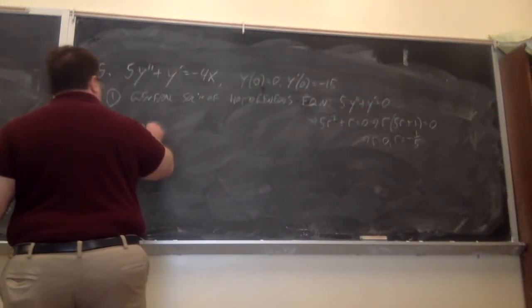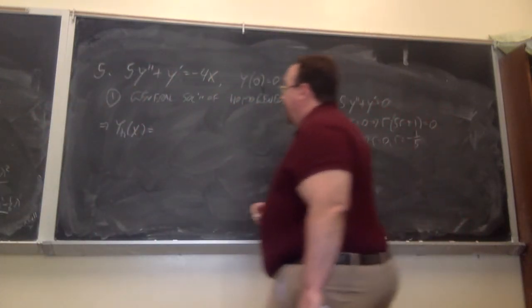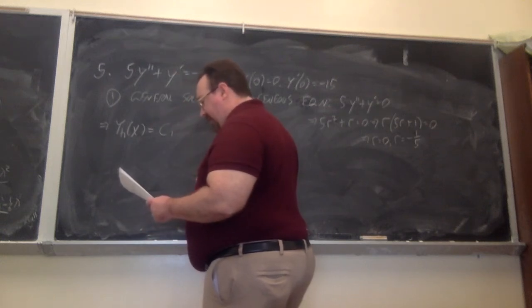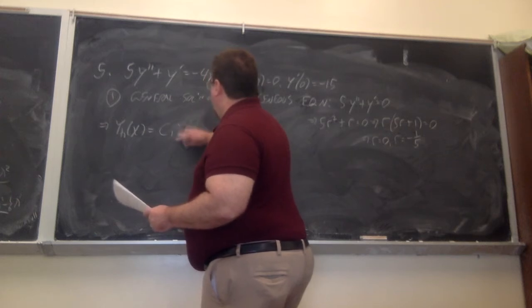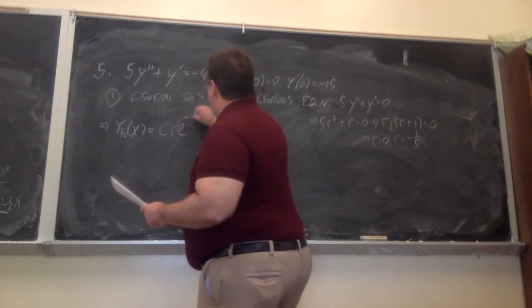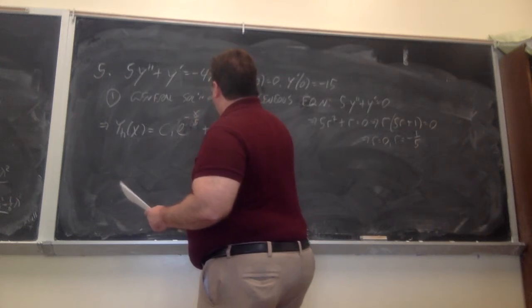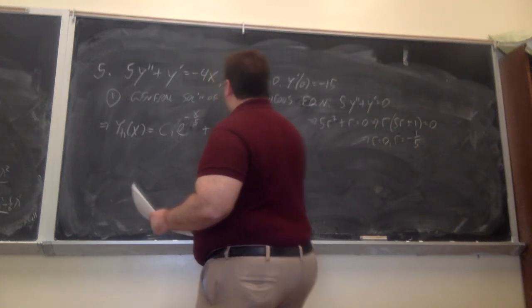I'm going to refer to that as y sub h of x, h for homogeneous, which is c1 e to the minus x over 5 plus c2 e to the 0 times x.